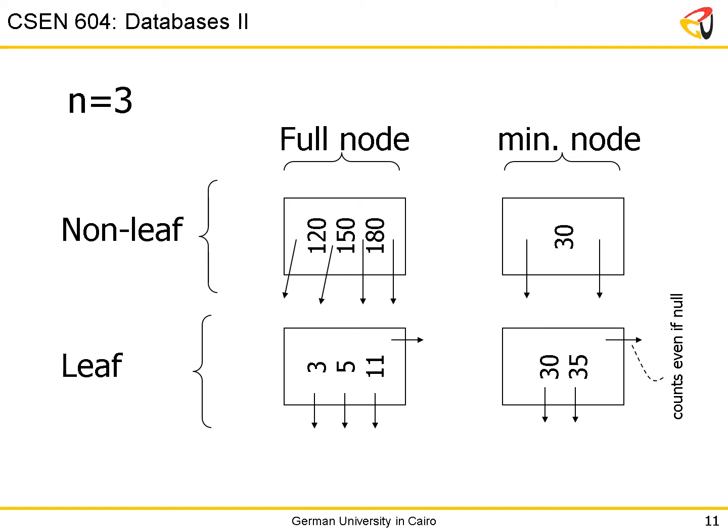Okay? Now, in the case of the non-leaf, the minimum is going to be n plus 1, which is 4, divided by 2. Well, unfortunately here it's a perfect division, so 4 divided by 2, so the number of pointers is going to be 2.